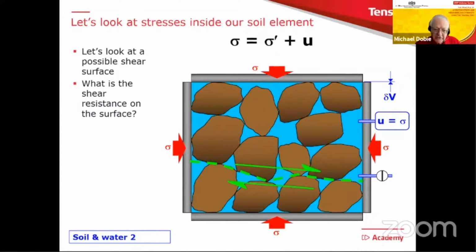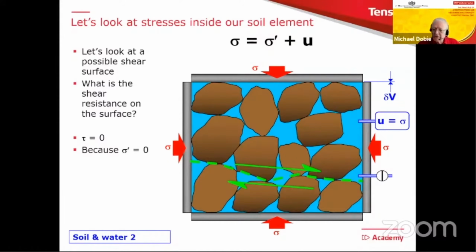So currently, what is the shear resistance on that surface? And it must be 0, because all of the stress through the system is being carried by the pore water, and there's nothing going through the soil grains. So think back to the failure of that embankment in Malaysia just now. Maybe that's what was going on, or something very close to it.